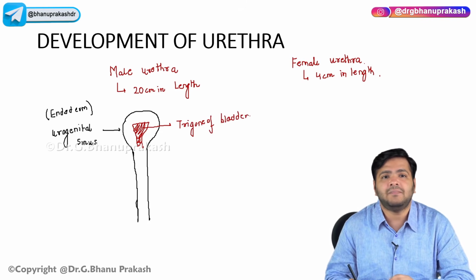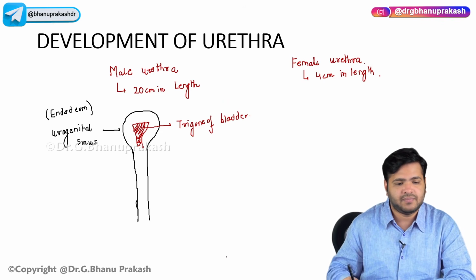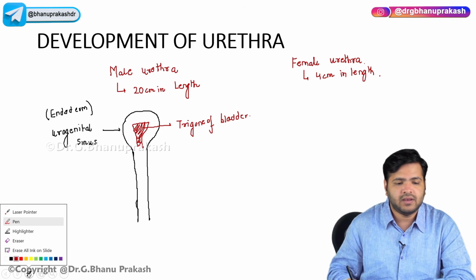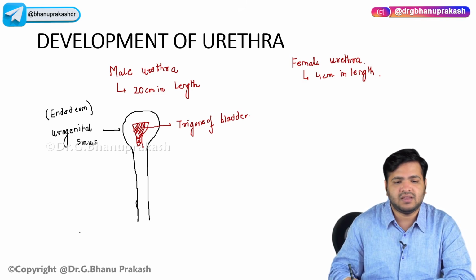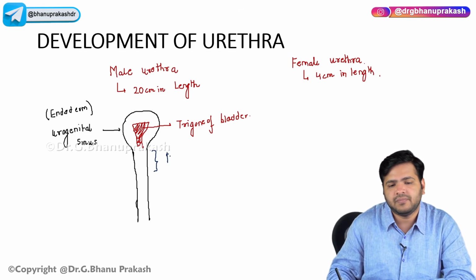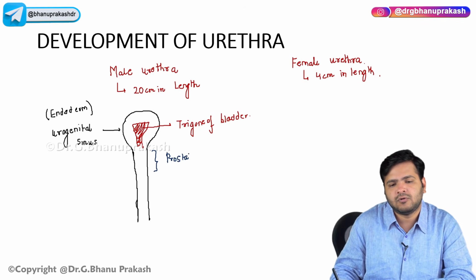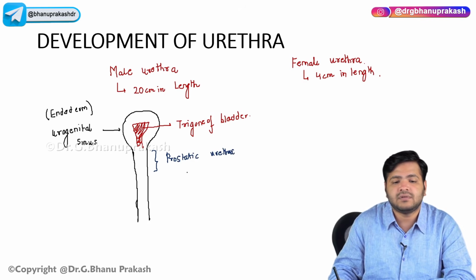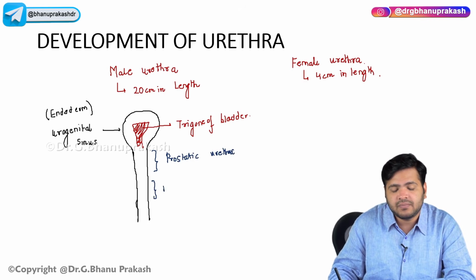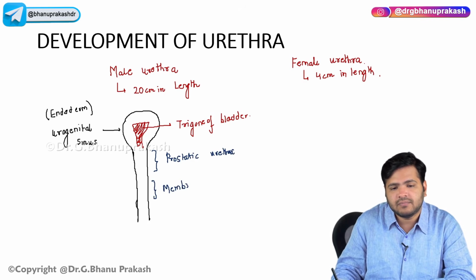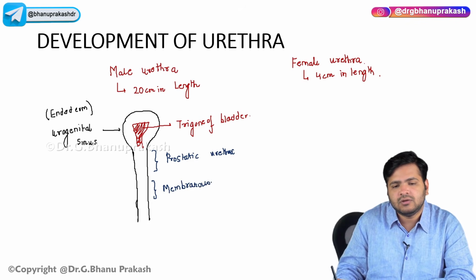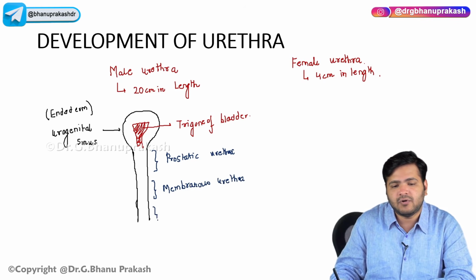Now we have three parts of the male urethra. One is called the prostatic urethra. Then we have the membranous urethra, and at last we have the spongy urethra.